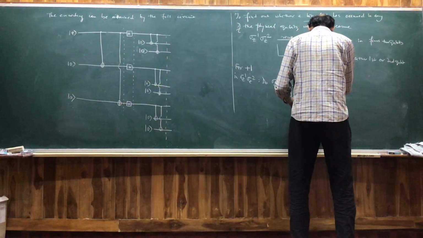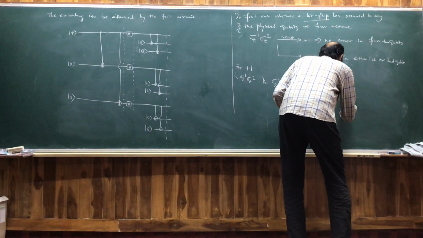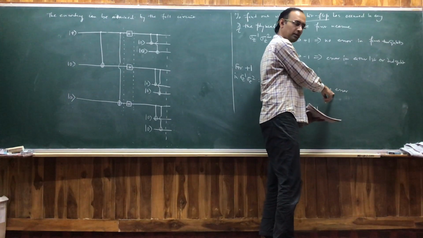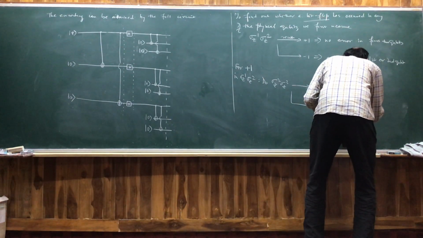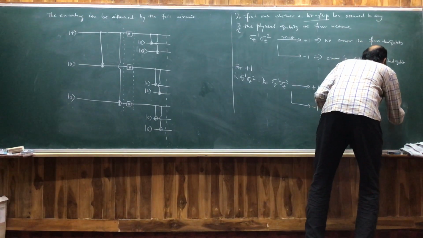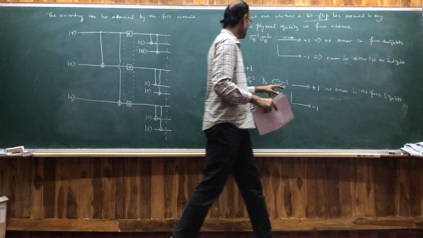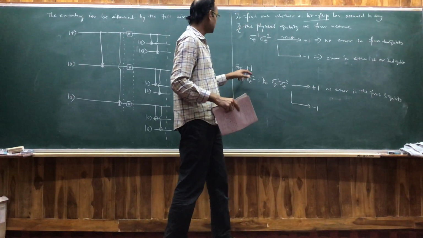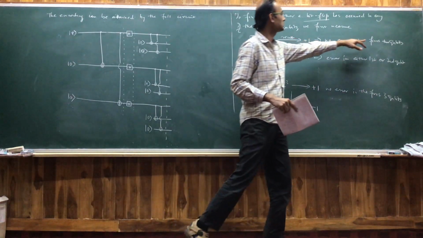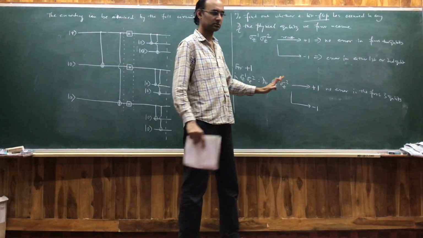If it is +1, then no error, no bit flip error in the first 3 qubits, yes? No error in 2 and 3, but we have come from +1. There is no error in the first 2, so we have no error in the first 3.